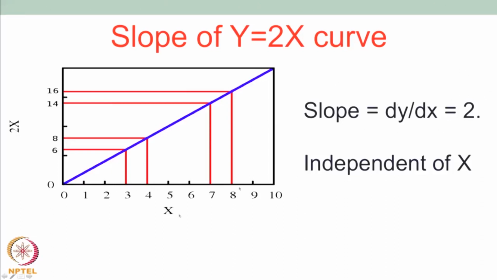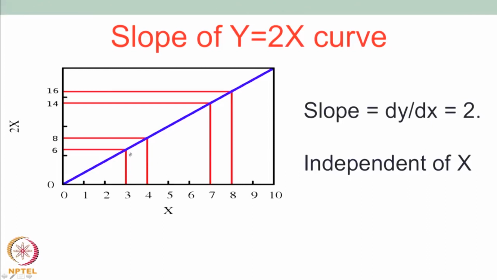So the slope is 2. If you take 7 and 8, correspondingly 7 gives 14 and 8 gives 16. So 16 minus 14 is 2, and 2 divided by 1 is 2 again.